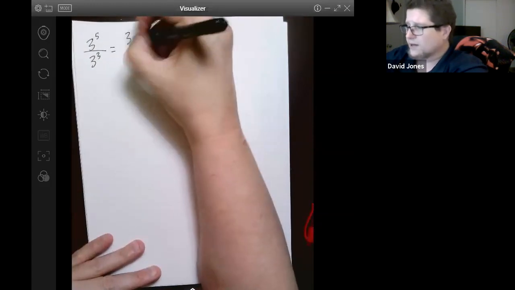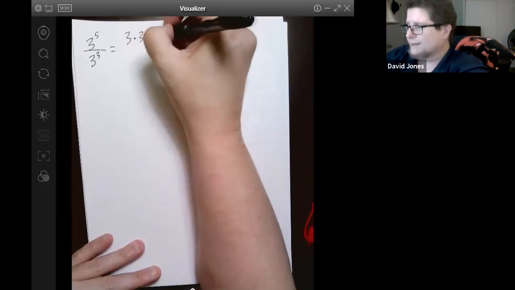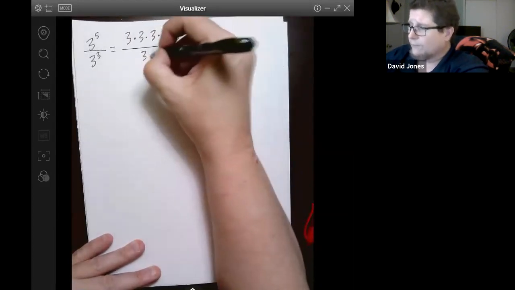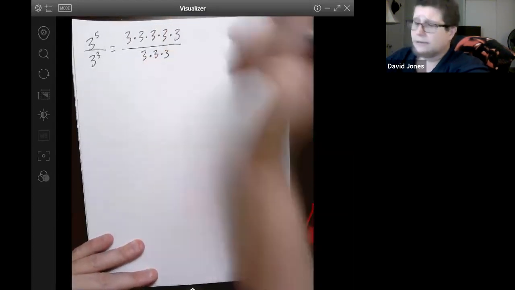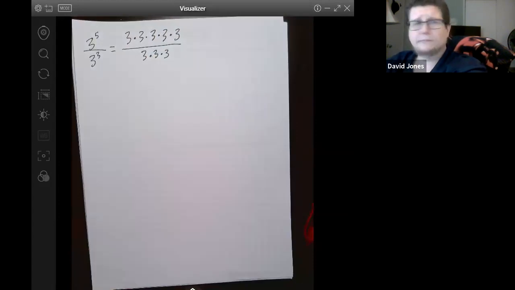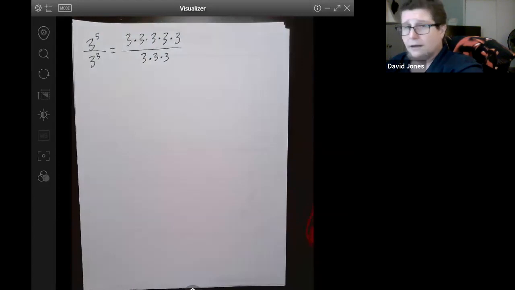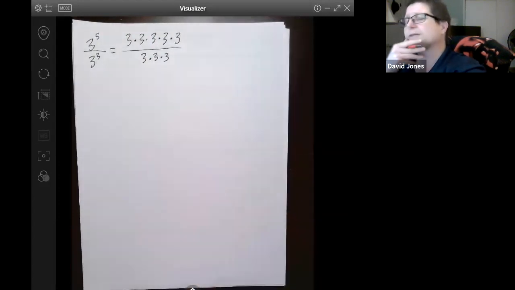On top, we've got 3 times 3 times 3 times 3 times 3. On the bottom, we've got 3 3s. You following with me so far? All I did is took the base and wrote out the terms.